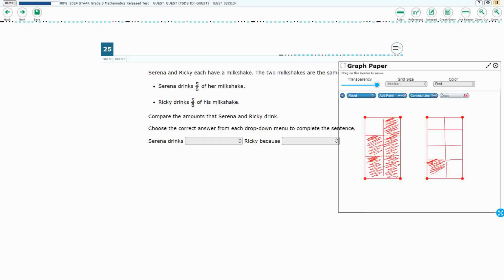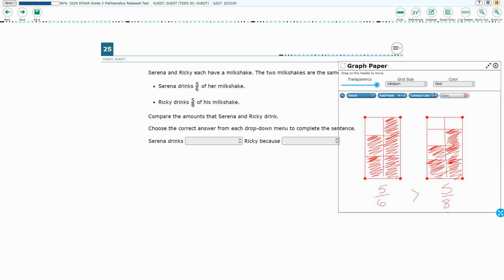All right, so we're going to draw this right here and shade this in: 1, 2, 3, 4, and then 5. Visually, we should be able to see that my 5/6 is going to be larger than 5/8 because I was able to draw that picture.